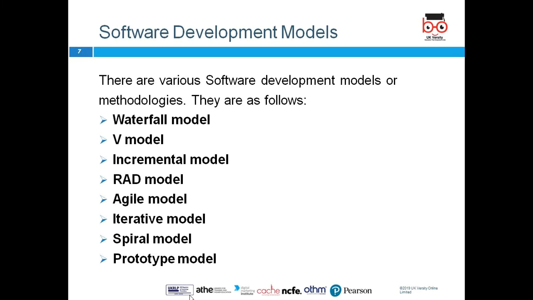You first do the requirement analysis, then the design, then the implementation, then the testing. And you cannot go back to any stage you have already passed. Once water has fallen, it cannot go back.